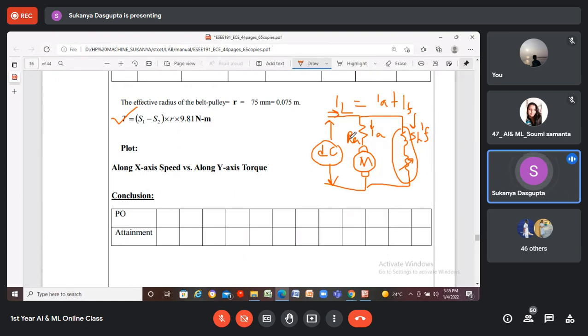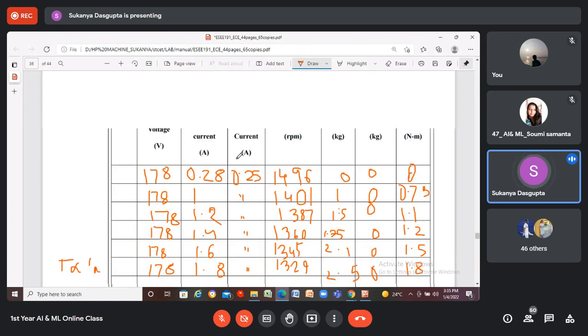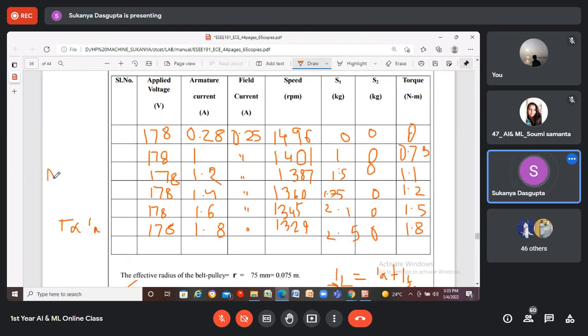That's why the speed torque characteristic curve is the same for both types of motors, right? Line current is exactly equal to the sum of two currents, the armature current and the field current, and torque is just proportional to the armature current. And what is the relationship of speed in RPM?